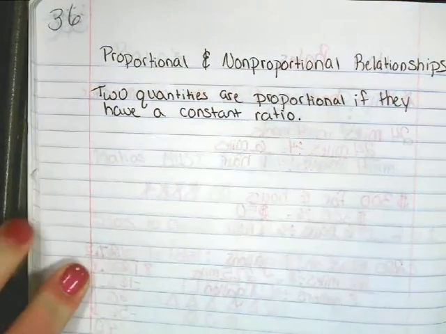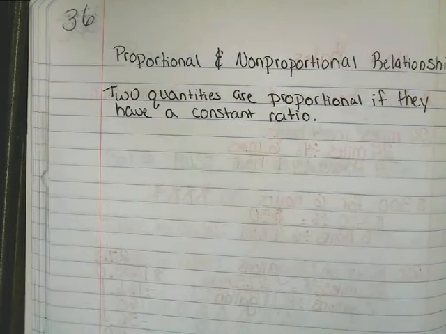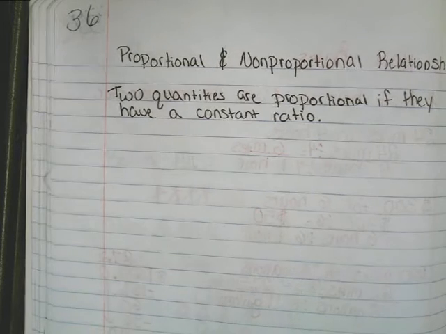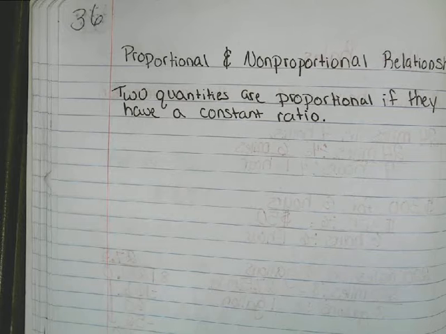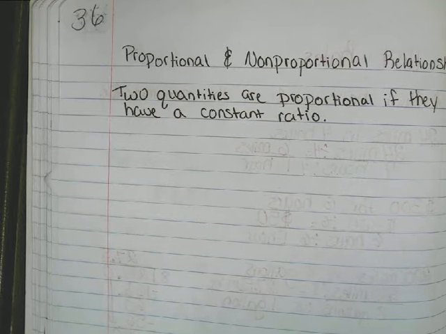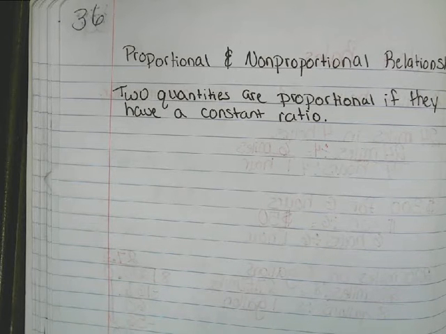Okay, so my ratio is 3 to 2. That means my top number needs to be going up by 3 and my bottom number needs to be going up by 2 each time. Or if I was to reduce it, it would be reduced to 3 to 2. Okay?